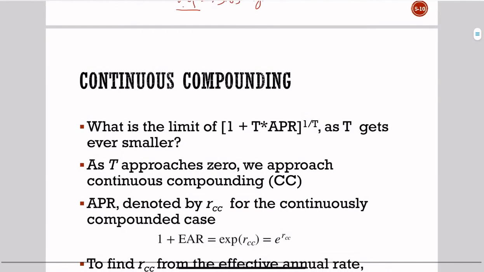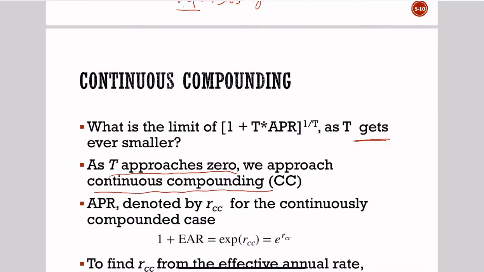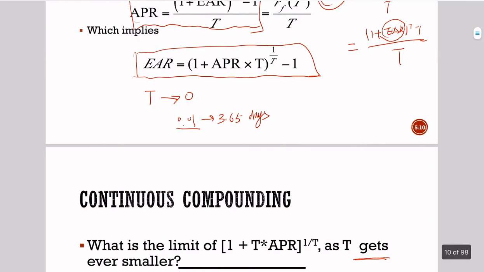As t approaches 0, now we will have this continuous compounding. Essentially, as t approaches 0, the per period interval is very small, so you will be continuously compounding your returns.